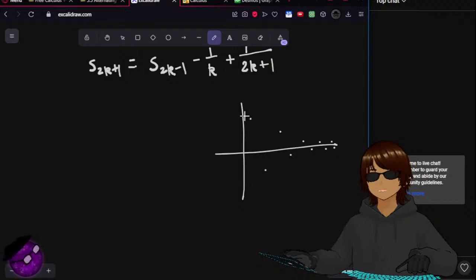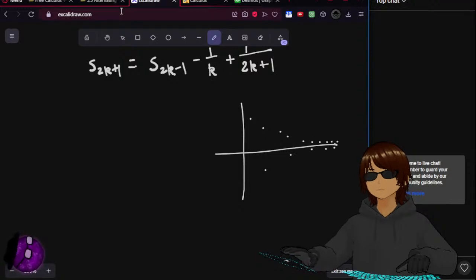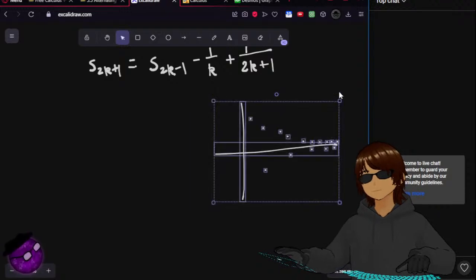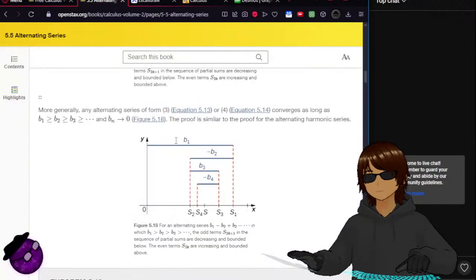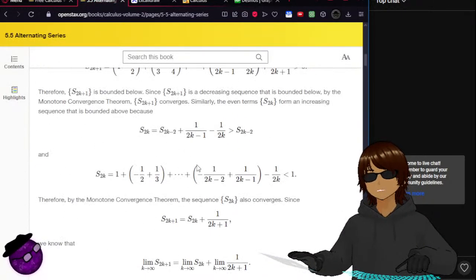The absolute value is lesser, and it also converges to 0. So the limit of bn as n goes to infinity is 0. I'm still confused by what they're doing here.